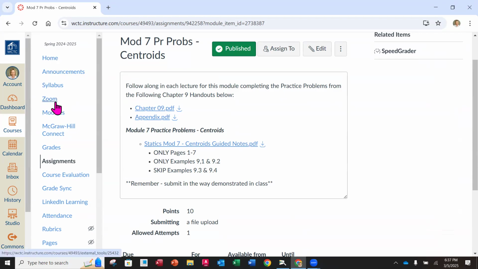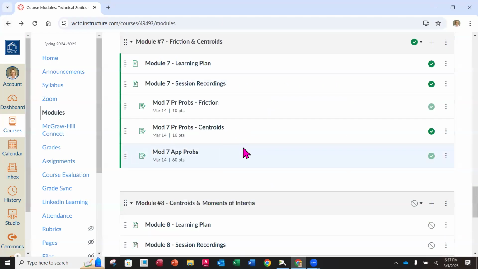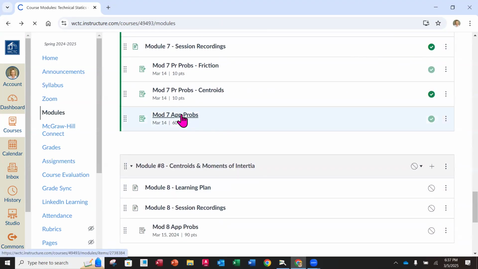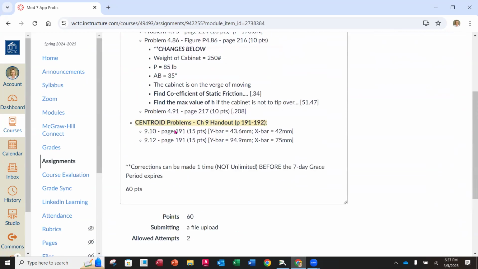Now let's take a peek at the application problems. So if we go into Module 7 application problems, this is going to be the second section down here. There are two problems. These two problems are from the handout for Chapter 9. So again, that PDF that is in the learning plan, we're going to go to page 191.